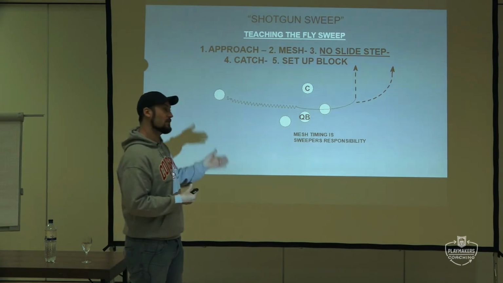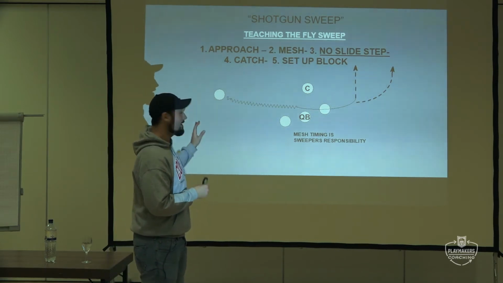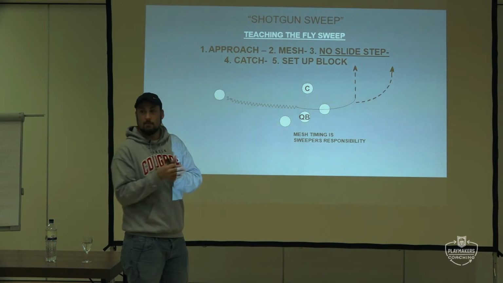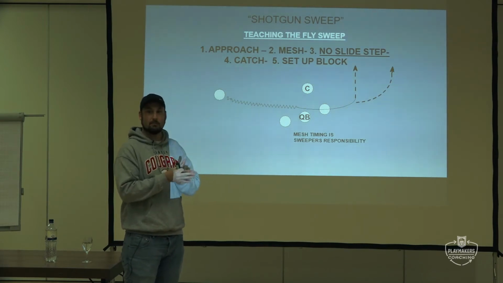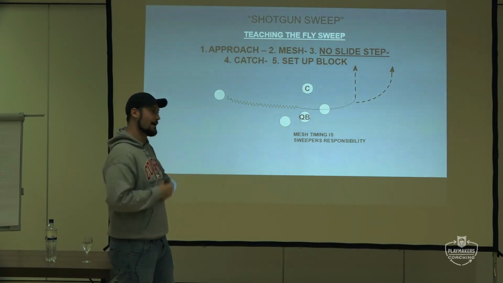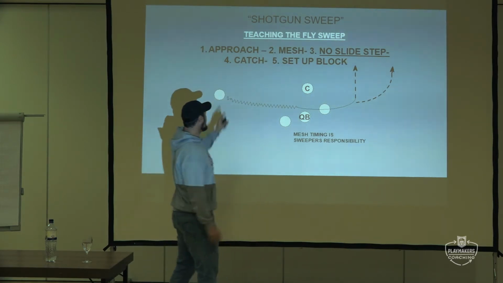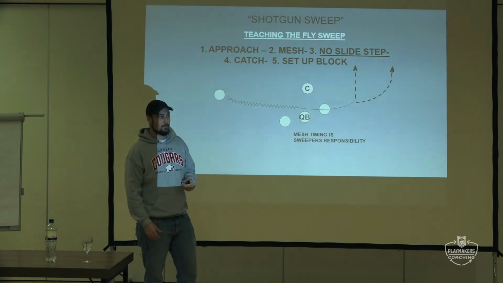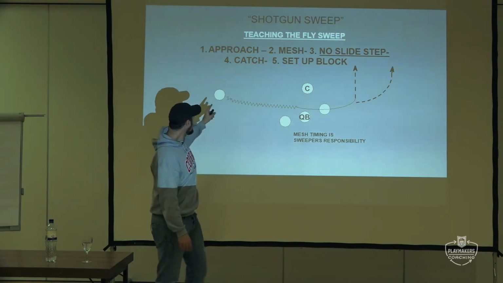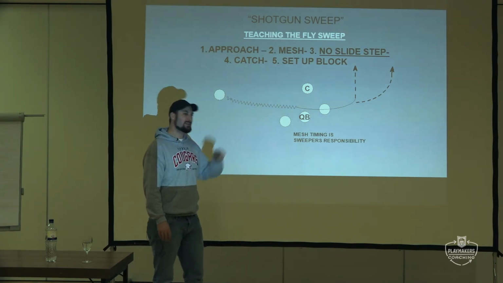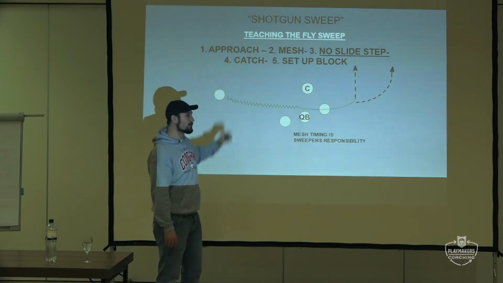Right? He'll time the sweeper's motion so that the sweeper meets him just at the proper moment. Not too fast, not too slow, at the mesh point. In shotgun, the sweeper has to time it. He has to be responsible. So maybe he doesn't go quite as fast as he might when we're going from under center.